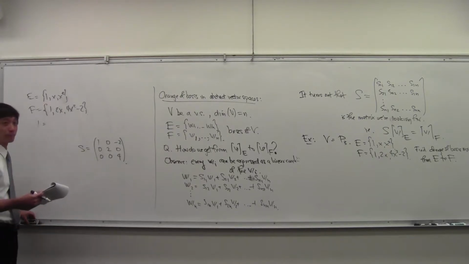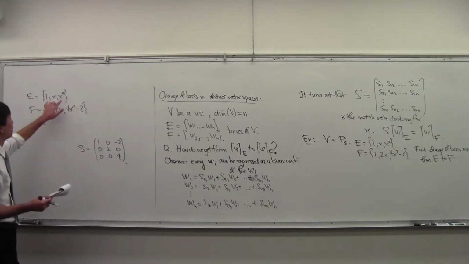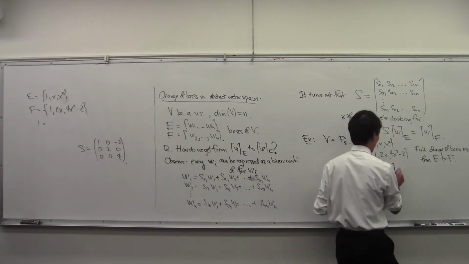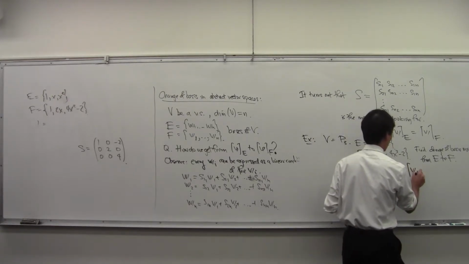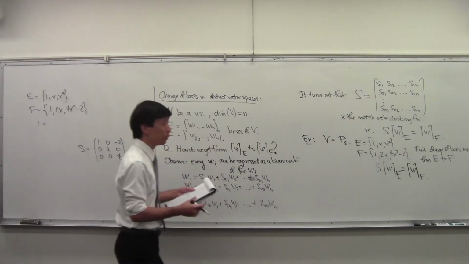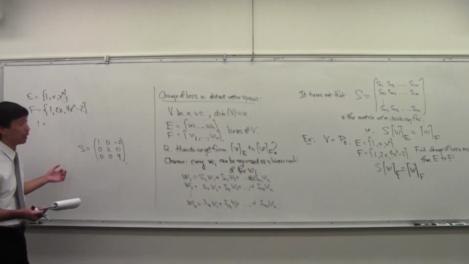Wait, so if you say from E to F, that's going the other way? Yeah. So what we want is the matrix that is going to take the E coordinates and express them in terms of the F coordinates. So what you gave is the one that goes the opposite way.